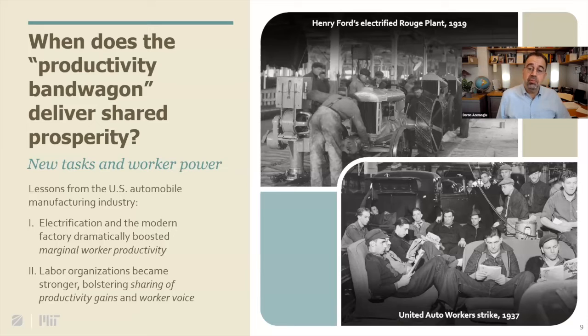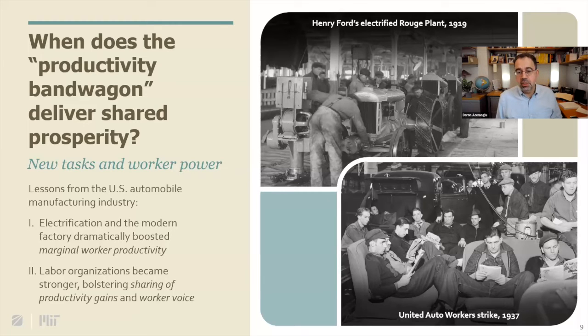While at the same time he was reorganizing the factory, he also introduced a whole lot of new worker tasks. So as electricity was introduced, then you also had better machinists, more technical tasks, more design, more repair, better use of human workers in the process, as well as a whole slew of back office, white collar tasks that became very widespread in the car industry and in other industries.